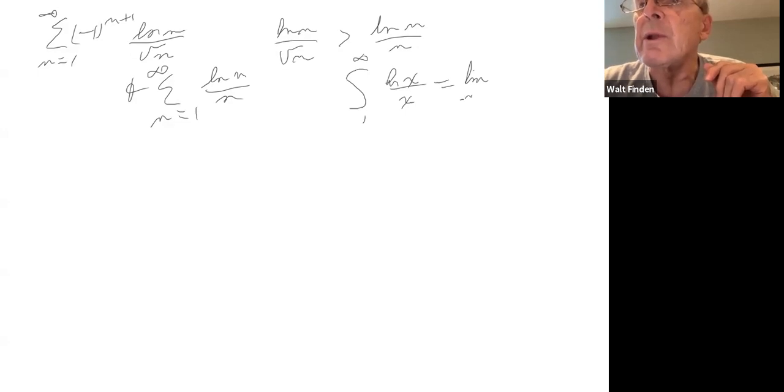That is the limit as b approaches infinity, and I'm going to take the antiderivative in the same step here. We have 1/2 natural logarithm of x all squared from 1 to b.